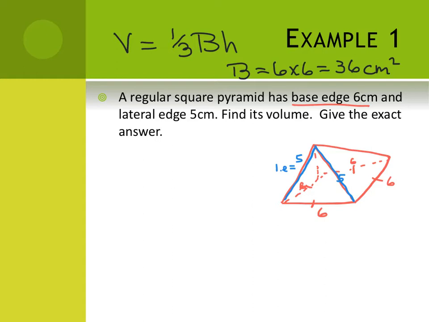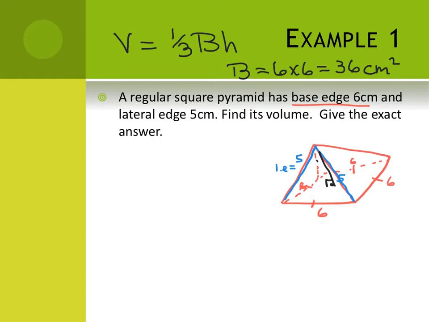And there's 2 ways that I can go about finding the height of the pyramid. So let me go ahead and draw in my height. So again, it's going to hit the center of the square, and then it's going to go up to the top, and it's going to be the right angle. Now, there's 2 ways I can do this.